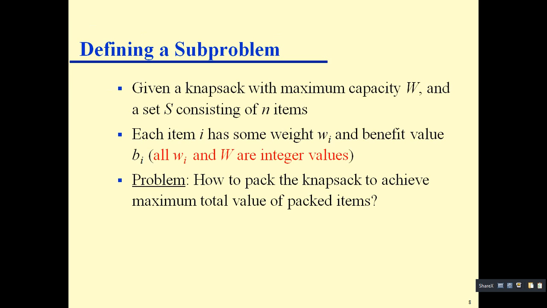Okay, so again I'm just defining the same problem. N items, capacity of the knapsack is W, right? Item i has weight Wi and cost Bi. Okay, and the target is how to pack or fill up the knapsack with maximum profit or maximum cost, right?